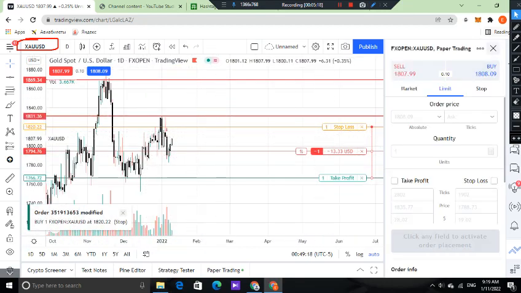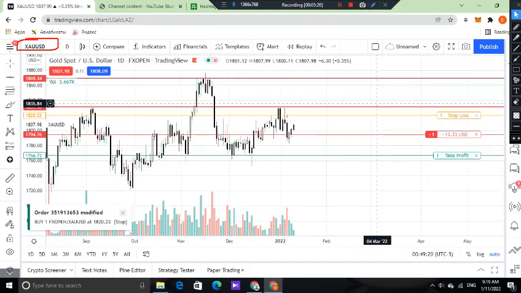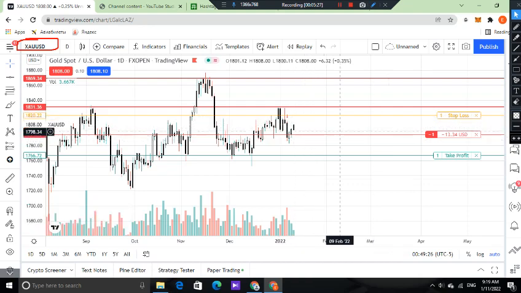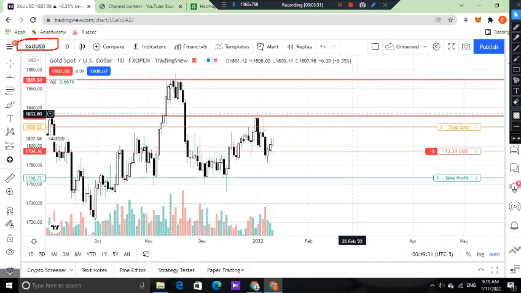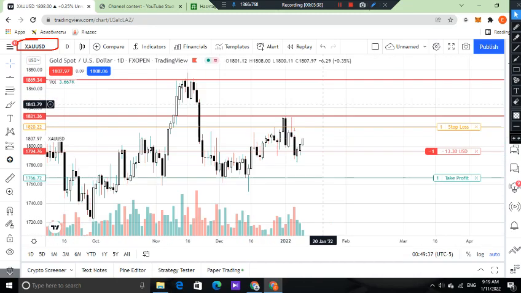I just adjusted my stop loss because I see price having a pullback. You shouldn't just manipulate your targets and stop loss for no reason.